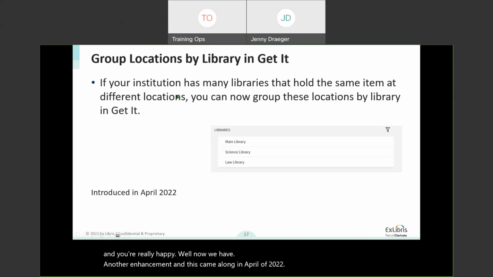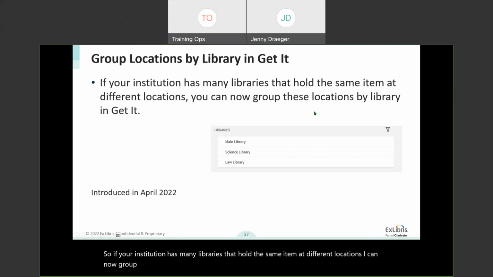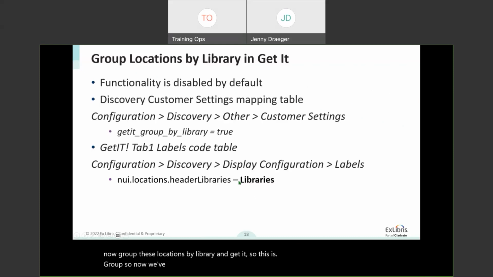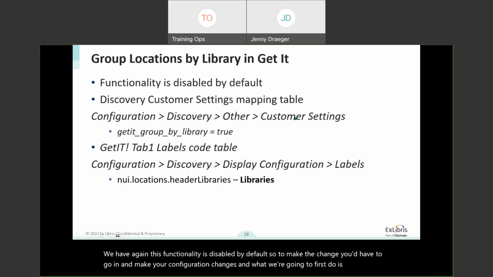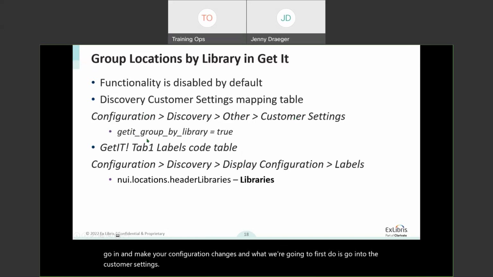If your institution has many libraries that hold the same item at different locations, I can now group these locations by library in Get It. So now we've reordered, and again, this functionality is disabled by default. To make the change, you'd have to go in and make your configuration changes. What we're going to first do is go into the customer settings and change the Get It group by library to true.